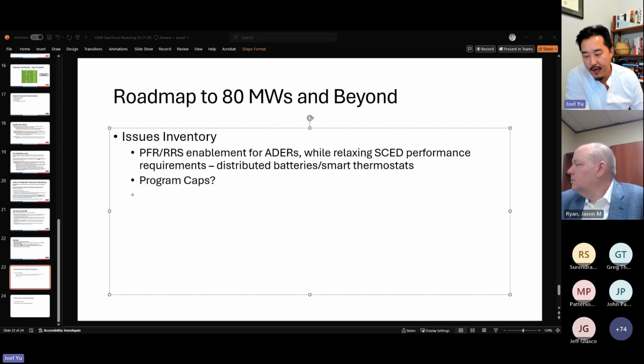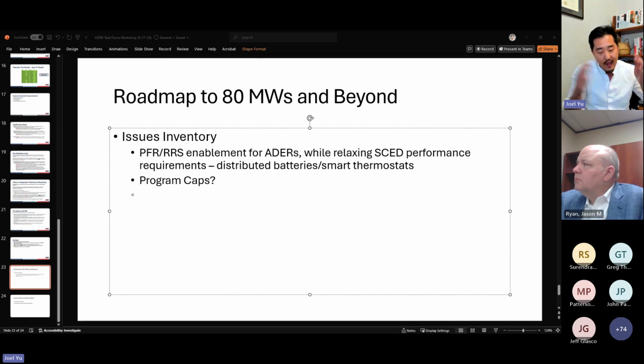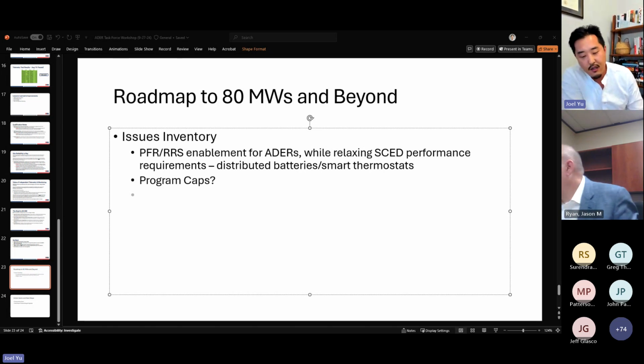So I'm wondering if there's some leeway in ERCOT's mind to set up a separate pot that won't cannibalize the megawatt cap for residential ADERs, to facilitate some of these larger scale opportunities. We're thinking at minimum, we would feel comfortable with at least 4 sites to aggregate and manage around that risk.